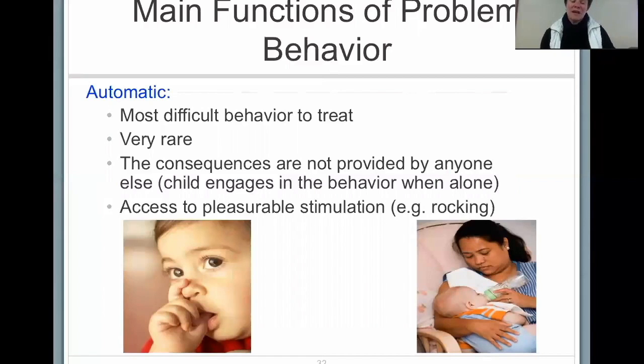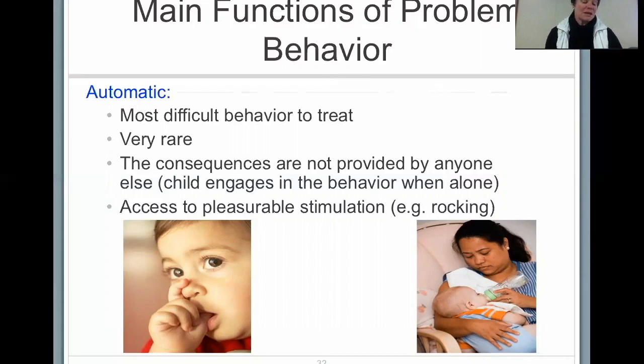The final function of problem behavior is automatic reinforcement. This function occurs far less frequently than access or escape, but it is the most difficult to treat. Automatic behaviors serve no socially reinforced function, which means changing adult behavior doesn't work in these situations.